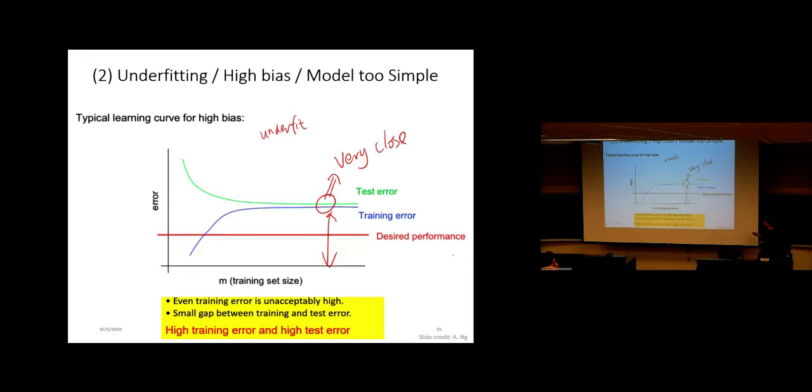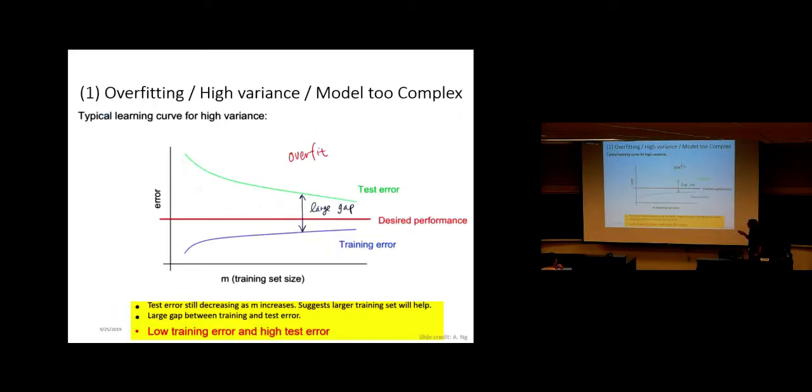Question about this curve. Previous stage? Yeah. So why is the training error increased? Good question. The question is why the training error is increasing as the training size is increasing.